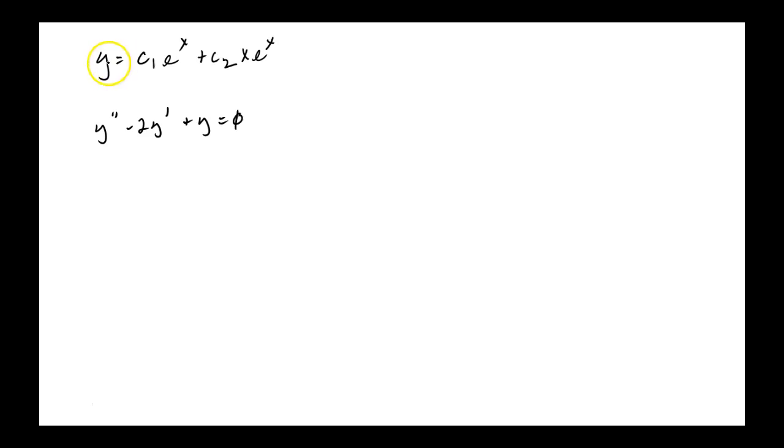Well, if this is your supposed solution, what you have to do is take a derivative and then a second derivative. So let's start with y prime would be equal to what? Derivative of e to the x is e to the x, so that would be C1 e to the x plus, now we have a product rule.